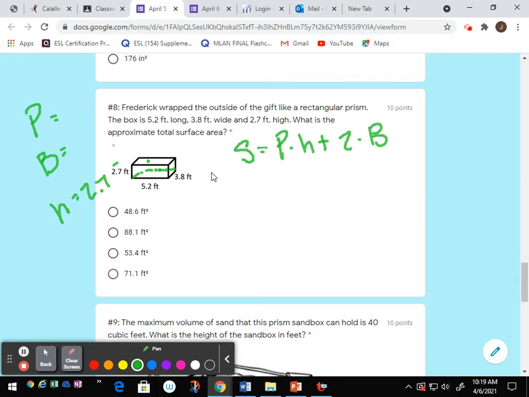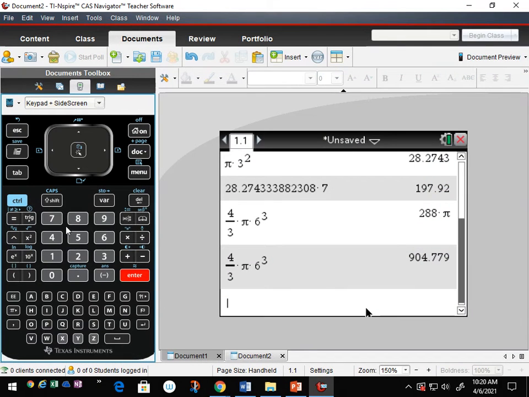Now let's find the perimeter. Here's our base down here. We have 5.2, 5.2, 3.8, 3.8. I just redrew the bottom part of this box. P is the perimeter, so we're going to add all these numbers up: 5.2 plus 5.2 plus 3.8 plus 3.8.